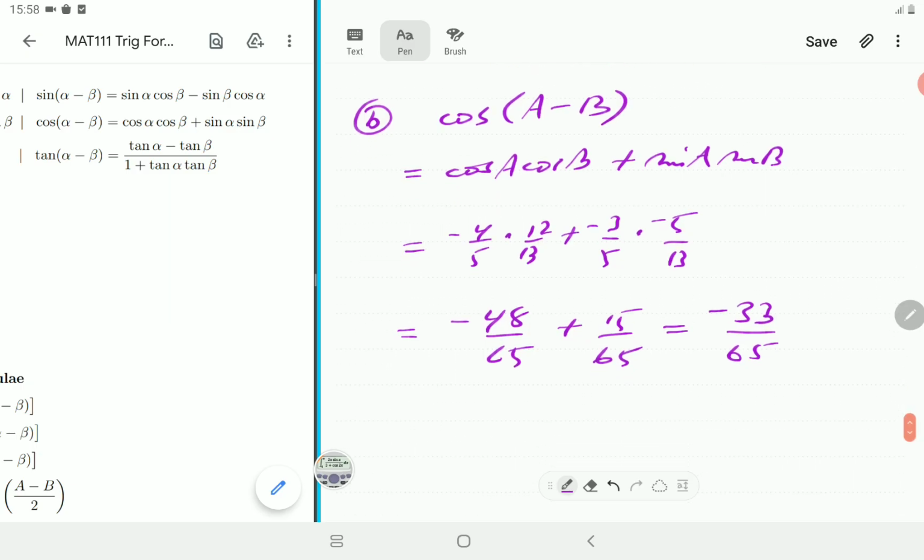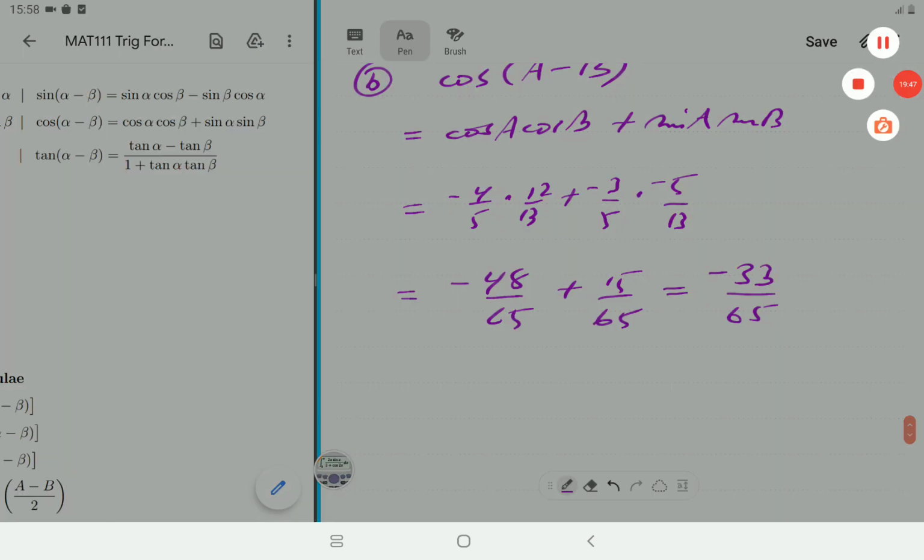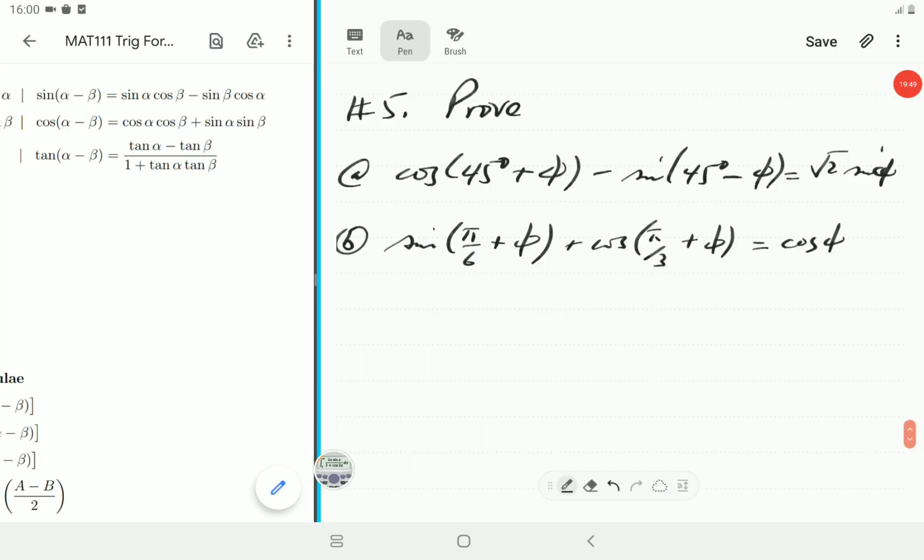Right, so that's number 4. We're going to go on to number 5. In number 5 we've got two trigonometric identities.